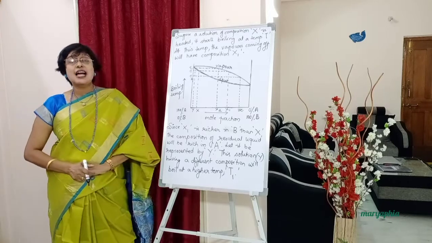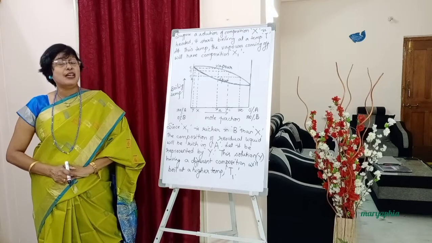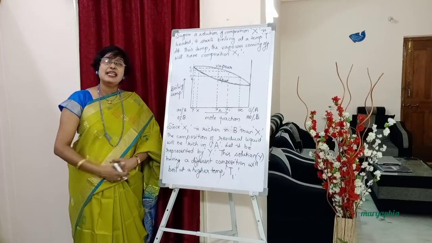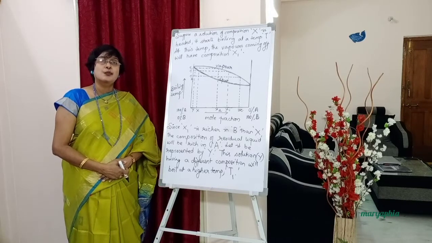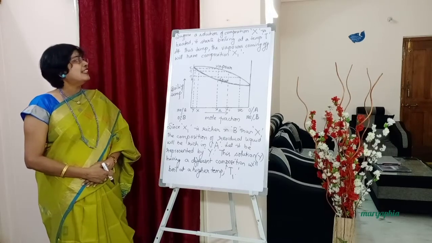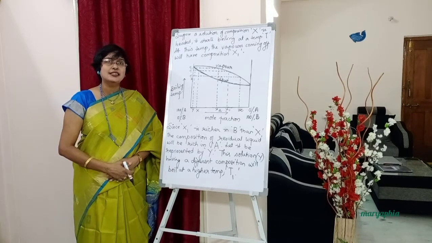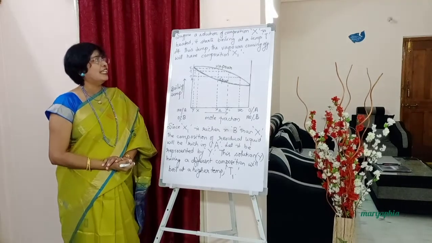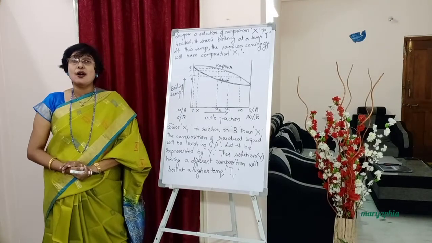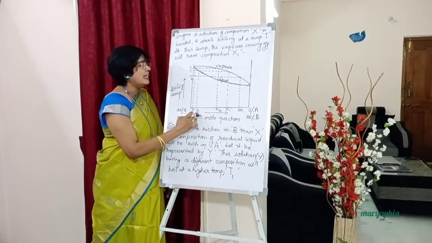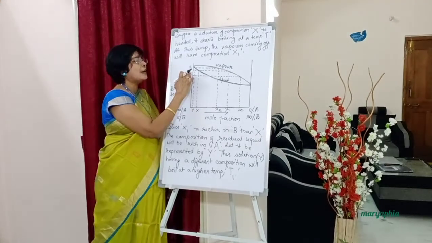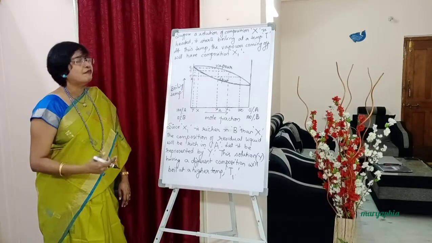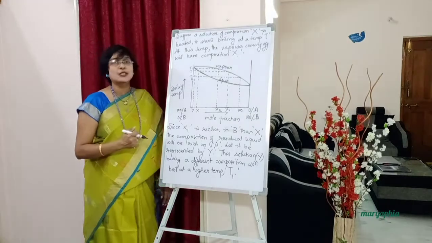Fine. So it starts boiling means we can observe vapors coming out of the solution whenever a liquid is heated. Okay. So now at this temperature, denoted by T, the vapors coming off, when it is starting boiling at the temperature T, the vapors coming off from the solution will have a composition X1.